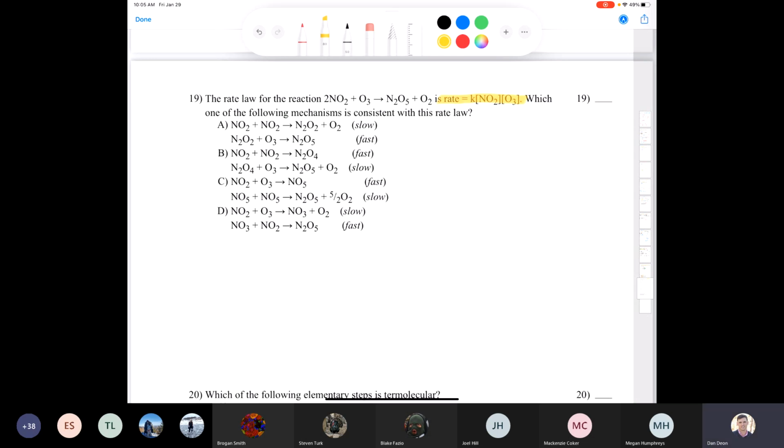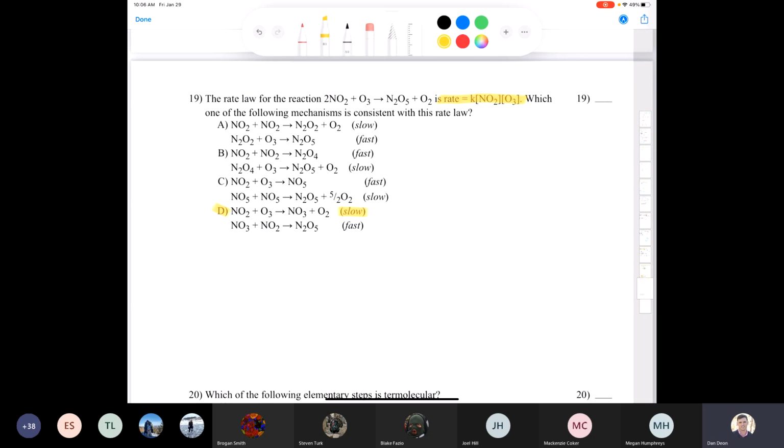Anybody have an idea? Okay, I see that Lauren and Kelton and Jamil, they all put D as their answer. I tend to agree with you, right? Because if we're looking at a mechanism, the slow step, or the rate determining step, same thing, is going to determine the rate law.